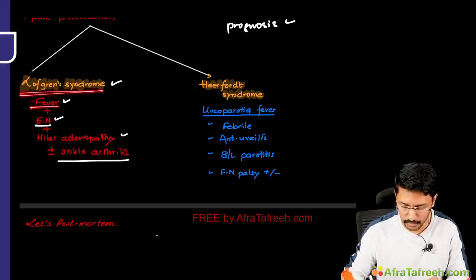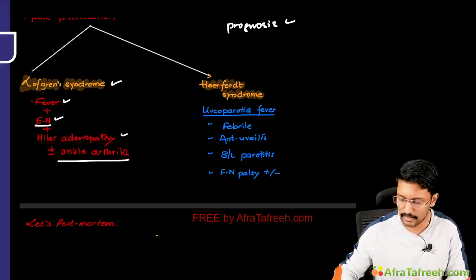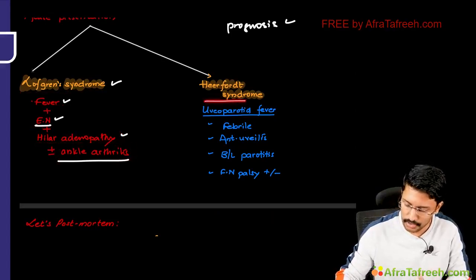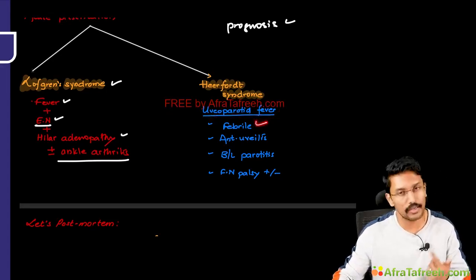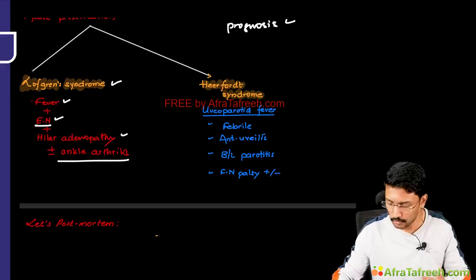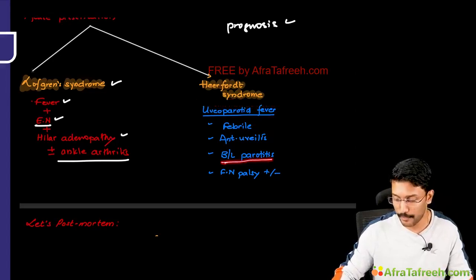Lofgren syndrome means fever plus erythema nodosum plus hilar lymph nodes plus or minus ankle arthritis. We have one more acute condition which is called Heerfordt syndrome, which is also known as uveoparotid fever. So as it says, fever is there, and there should be involvement of the uvea. So you have anterior uveitis, and then you have bilateral parotitis.